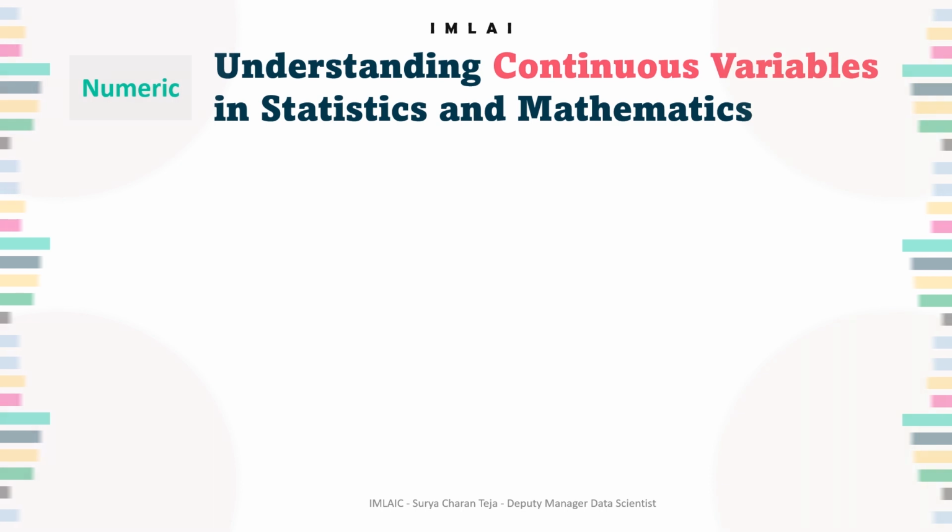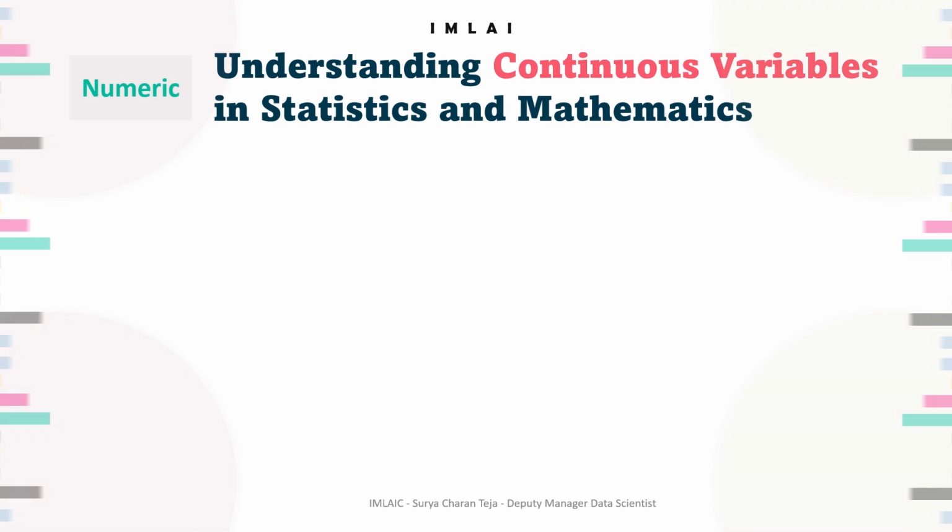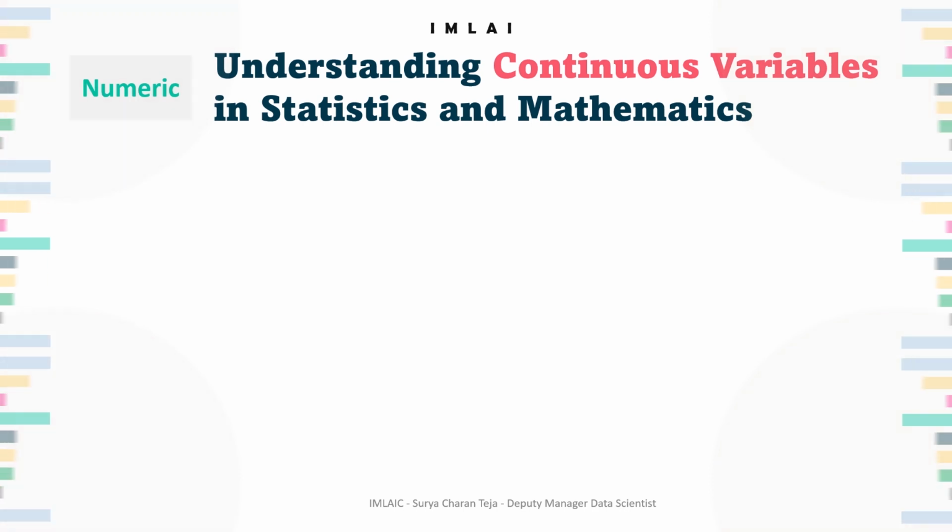It's easier to understand the discrete data just by saying it's the opposite of continuous data, but you should understand what is continuous data just to understand what is discrete data. So that's the reason let's understand continuous data in detail.